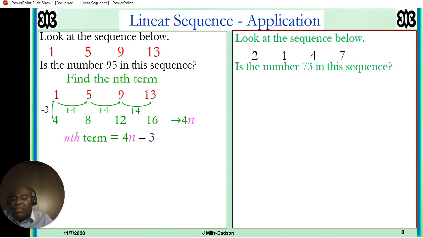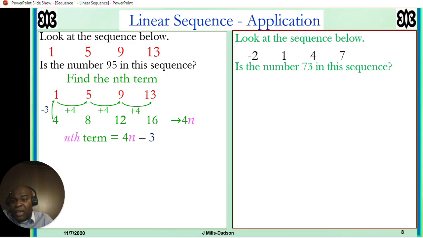There's nothing like the 4.7th term or 4.8 term or 4.5 term. It has to be exactly discrete numbers, distinct. So if 95 is in the sequence, when we form an equation and solve for n, it should give us an integer, a proper whole number.